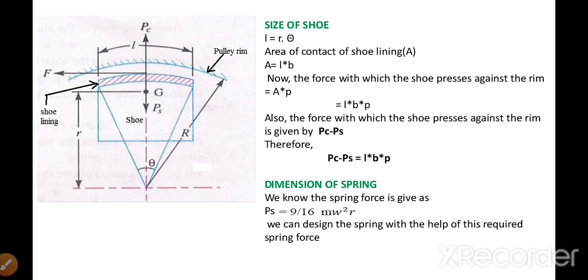Already we assume L is the length of the shoe, that is shown over here. You can calculate this length of the shoe if you know the magnitude of this theta and the radius r. Simply r theta will give you the arc length of this sector.